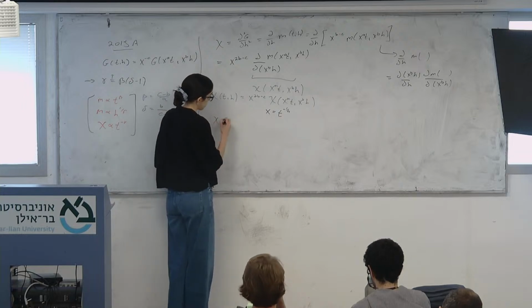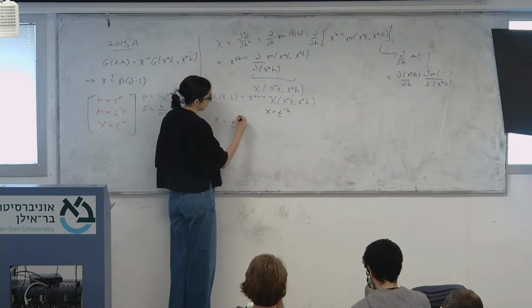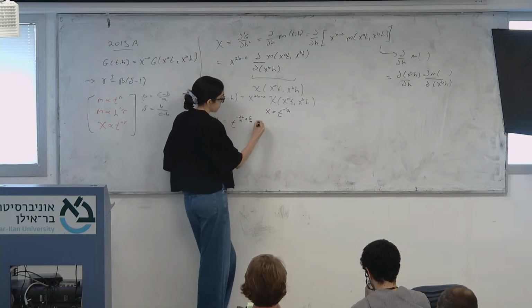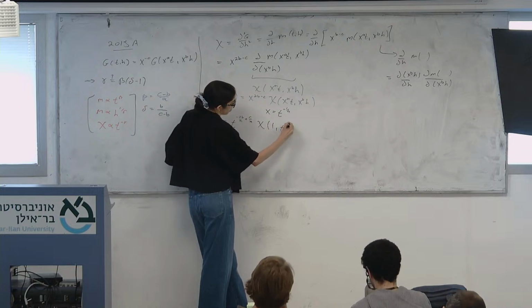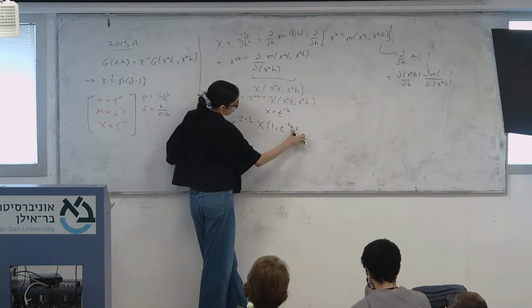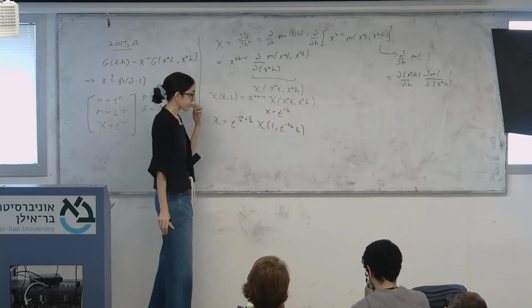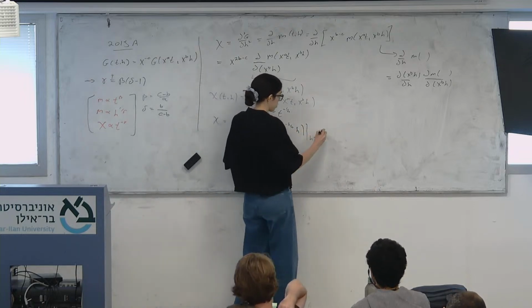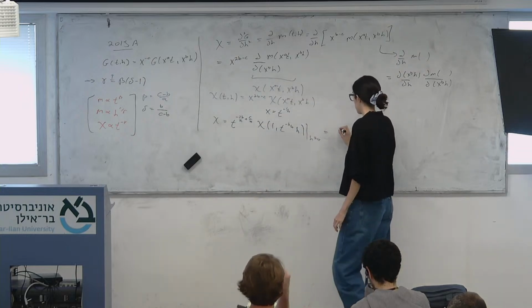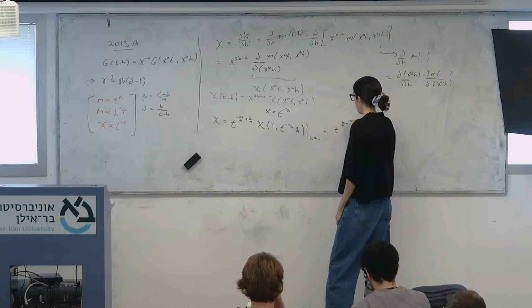So this gives us the susceptibility equal to t to the power minus 2b over a plus c over a, times the function of 1, t to the minus b over a, h. And now we take h equal to 0, so this is t to the c over a minus 2b over a.